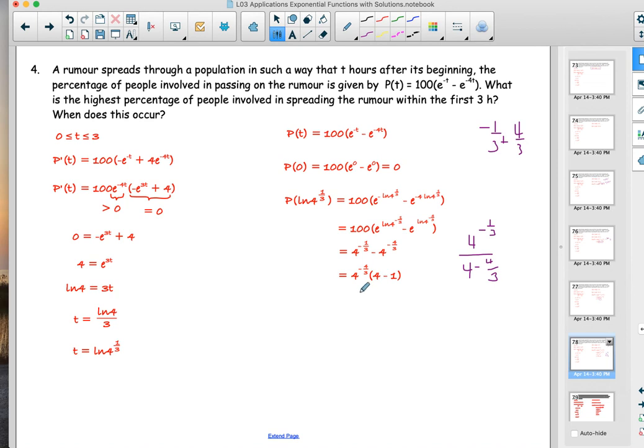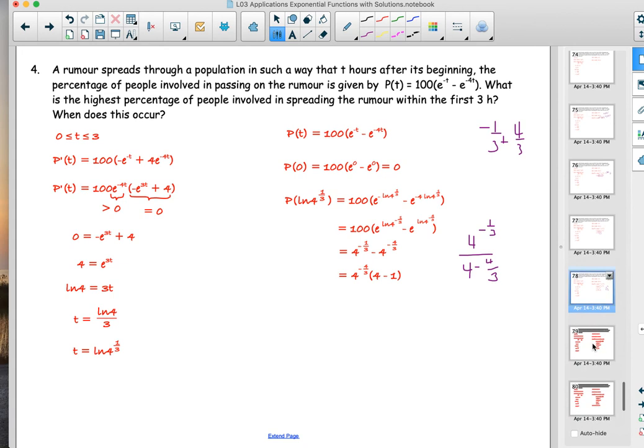So that's why that's become 4 to the power 1. Alternately, multiply these together. Negative 4/3 plus 1, which is 3/3, negative 4/3 plus 3/3 is negative 1/3. And of course, there is your minus 4 to the negative 4/3 when you multiply by 1. That's going to give us a 3 there. So we're now going to be 3 times 4 to the negative 4/3.